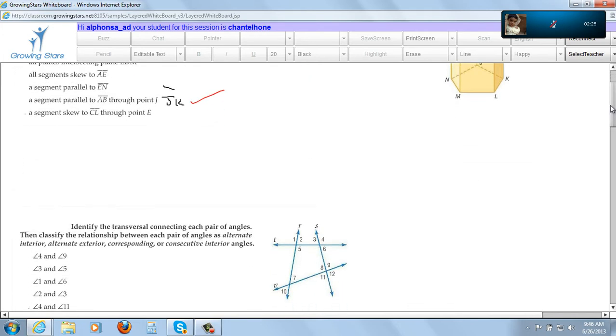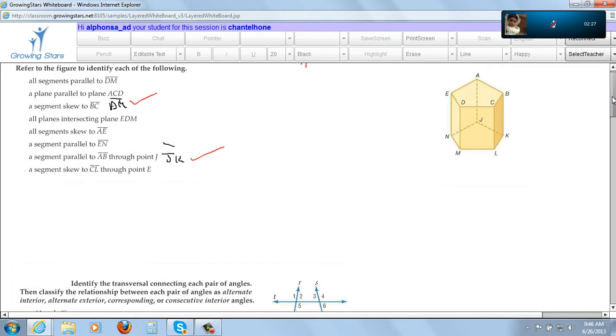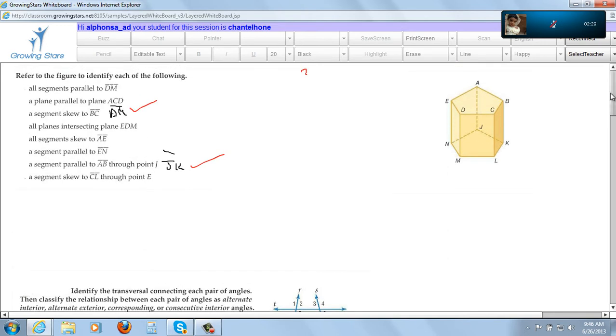So consider angle 4 and angle 9. Can you tell me the transversal regarding this pair from the figure, 4 and 9? Also mention the name of the pair.